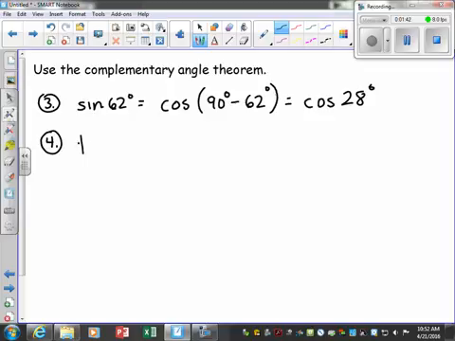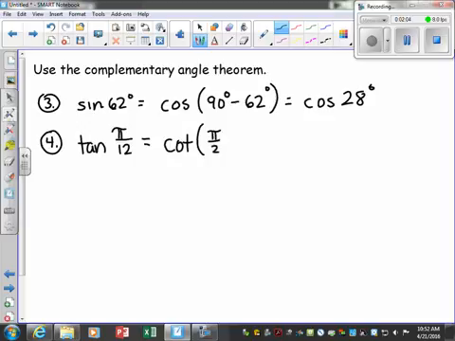If I give it to you in radian form, so tan of pi over 12, what's the cofunction for tangent? Cotangent, good. Now, it gave it to me in pi, so what's the equivalent of 90 degrees but in radians? Pi over 2, absolutely, right?